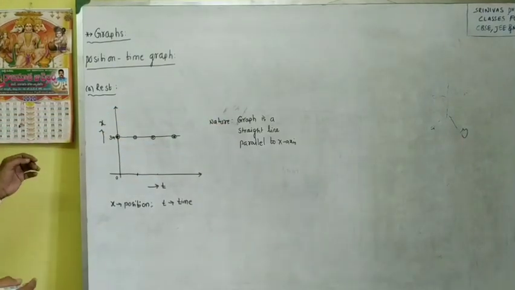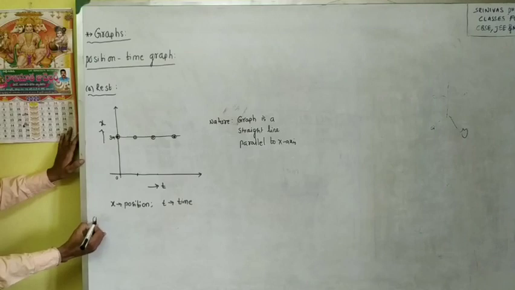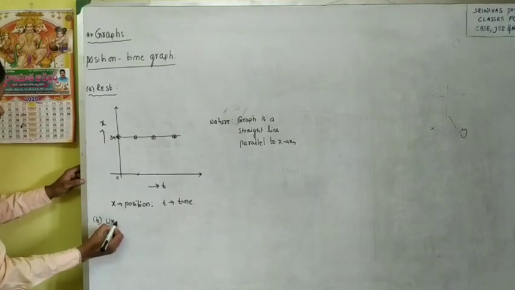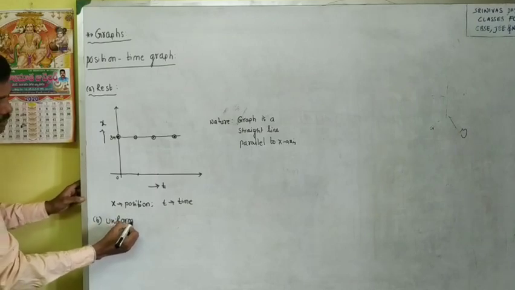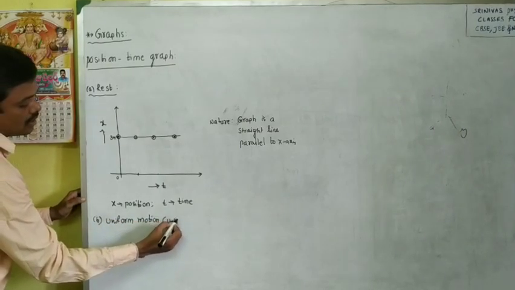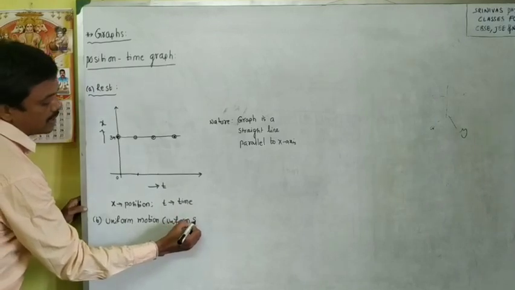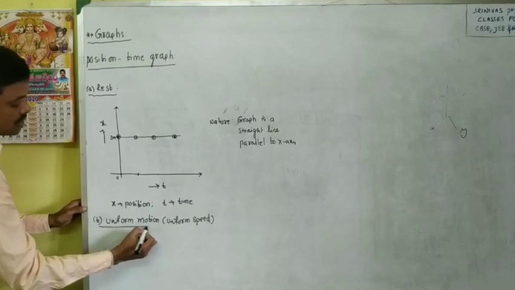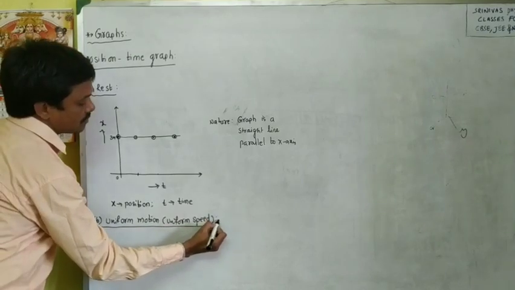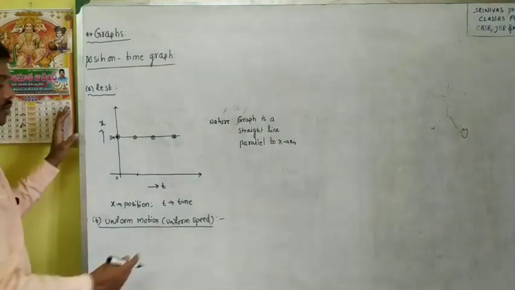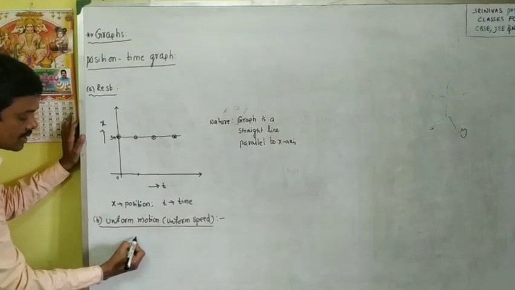And now the second one: I am going to draw the graph for uniform motion, or uniform speed. When we say an object is in uniform speed or uniform motion, the speed should be constant, right?